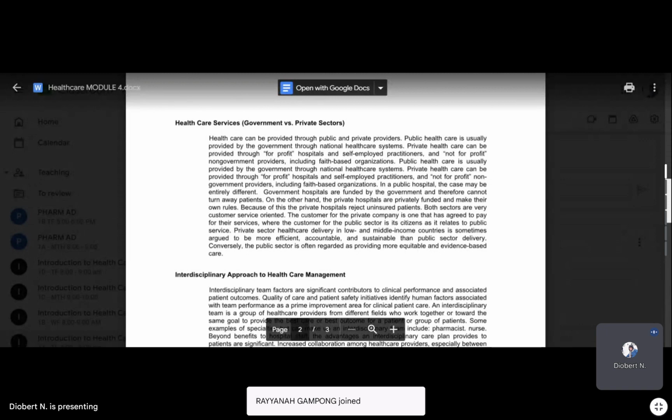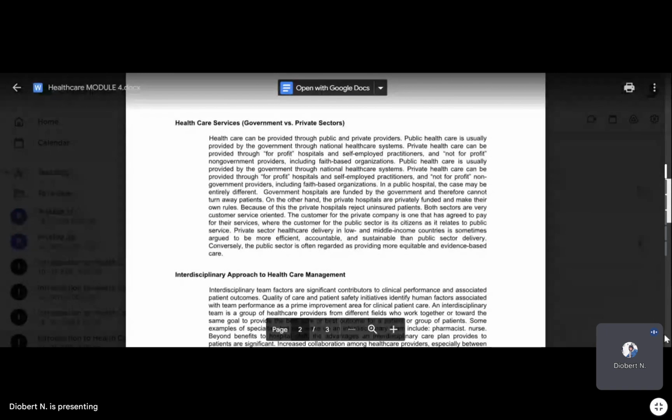Can you please read the interdisciplinary team factors? You start with interdisciplinary team factors. Okay, sir. Interdisciplinary team factors are significant contributors to clinical performance and associated patient outcomes. Quality of care and patient safety initiatives identify human factors associated with team performance as a prime improvement area for clinical patient care.